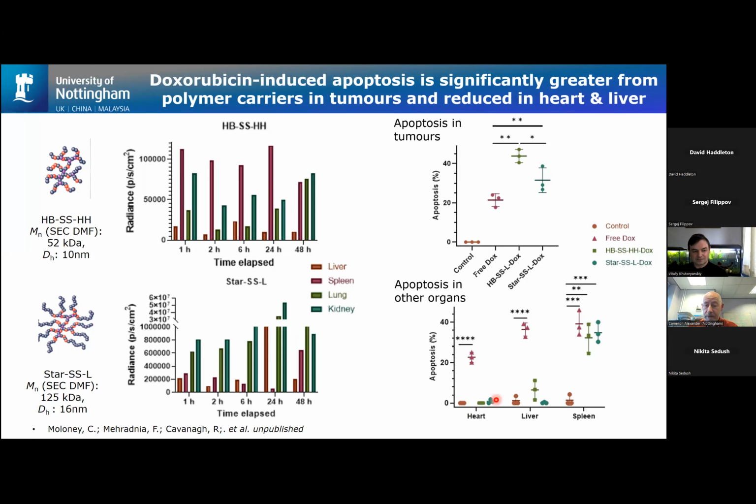So the polymers are much less toxic in the heart and the liver than the free drug. Now, cardiotoxicity is a limiting factor for doxorubicin. It's a limiting factor in the clinic. So this would be a tremendous advantage. We didn't see a huge difference in the spleen, and we're still trying to work that out. But nevertheless, in terms of therapeutic window, this should be an enormous advantage.